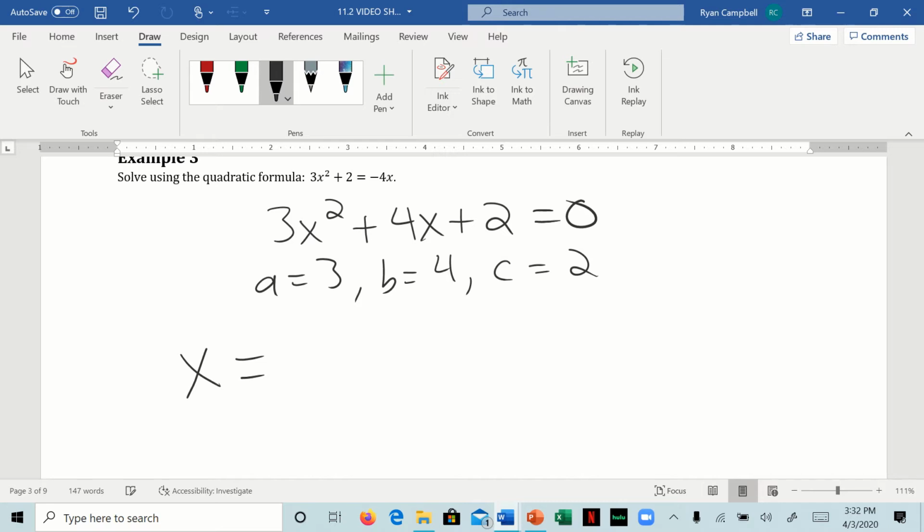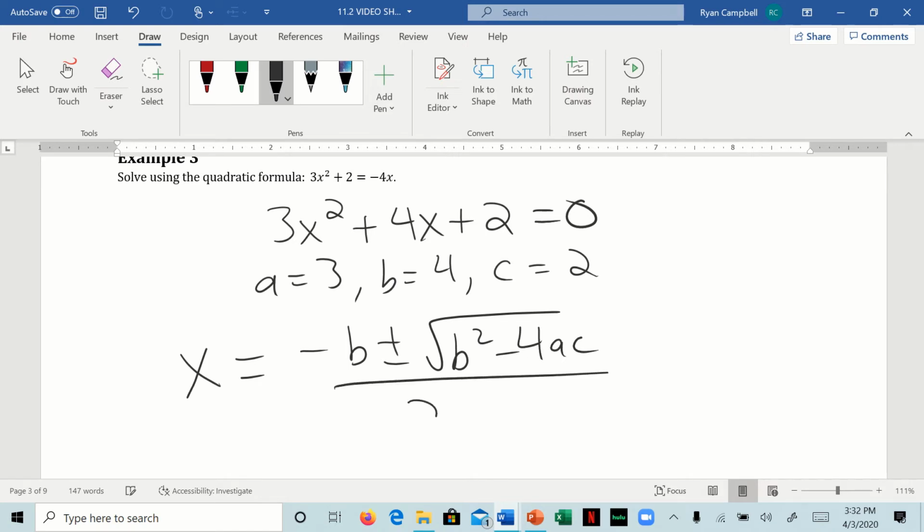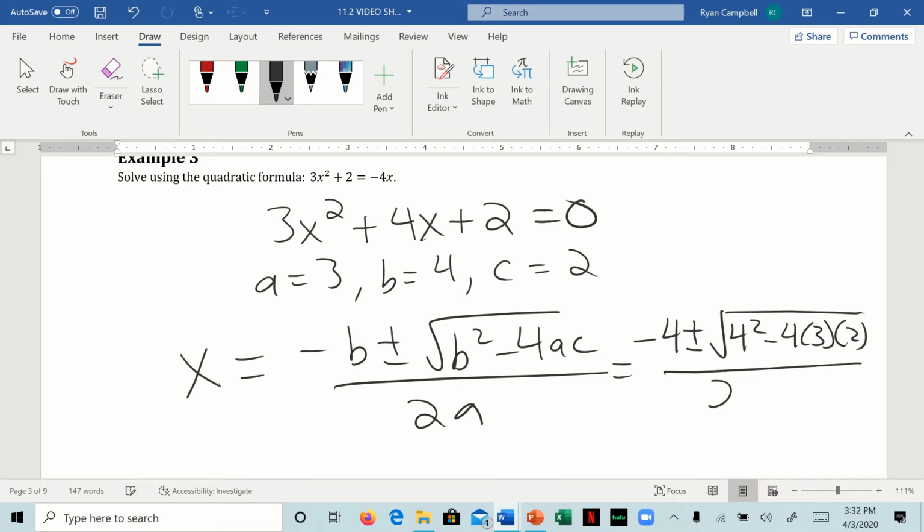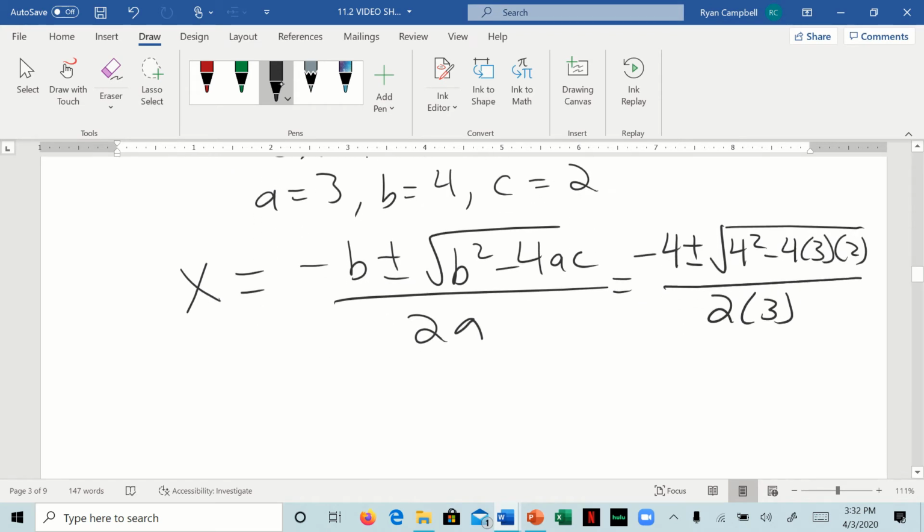Quadratic formula time. x equals negative b plus or minus the square root of b squared minus 4ac all over 2a. So we see we get negative 4 plus or minus the square root of 4 squared minus 4 times 3 times 2 over 2 times 3.